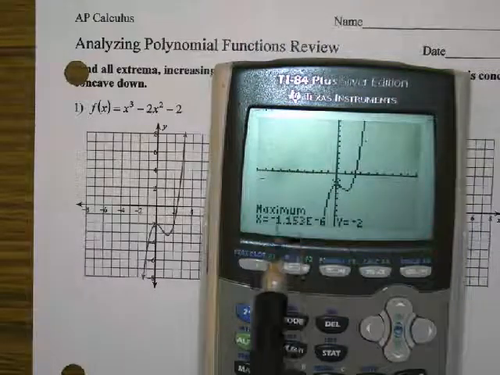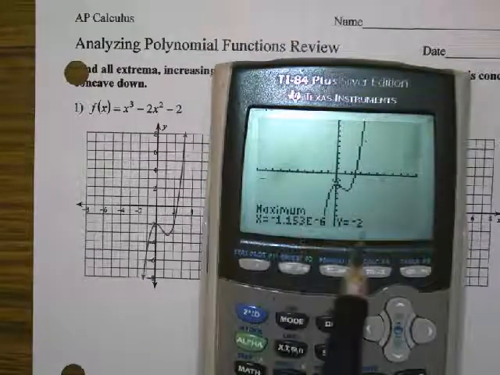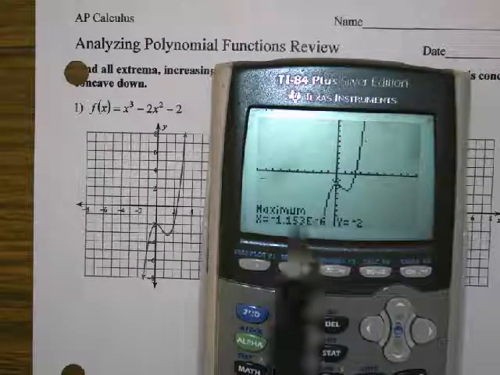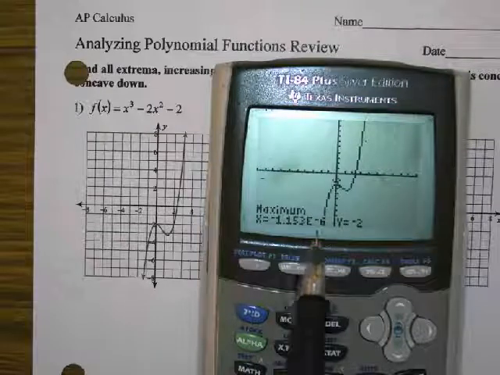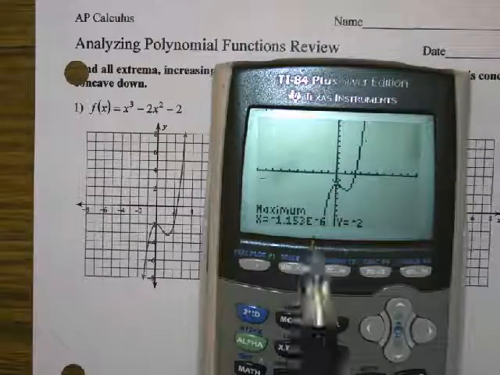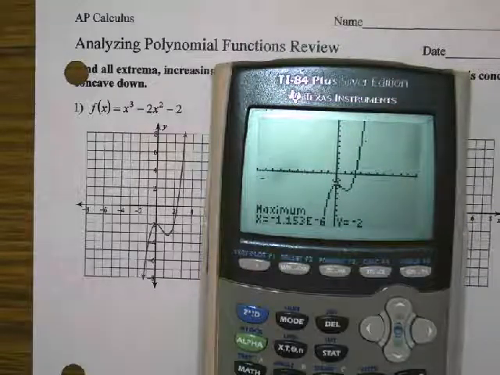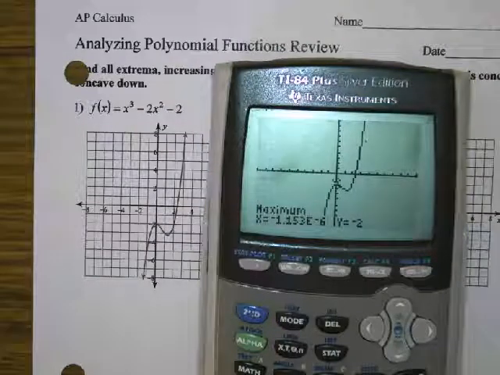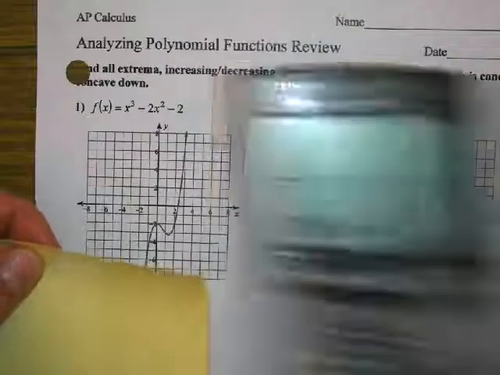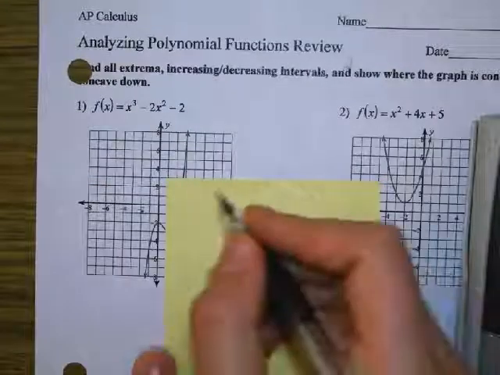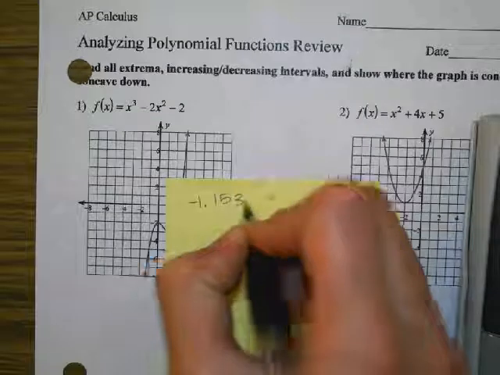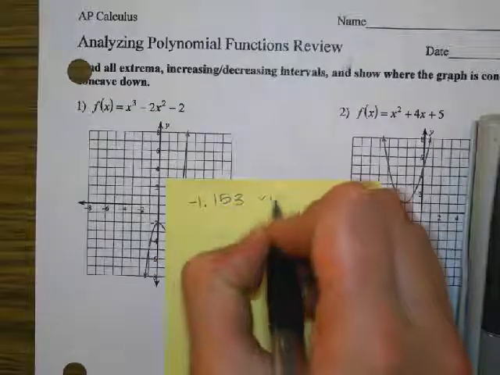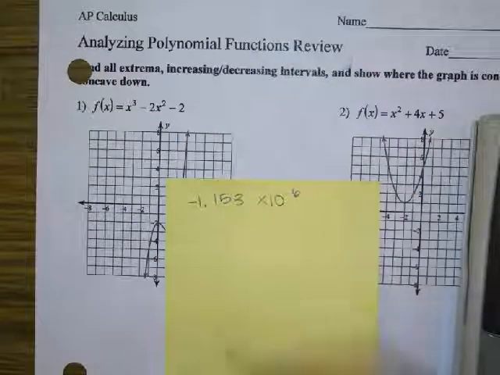And so here our maximum is at 0, -2, and I know this does not look like 0, it says E, and that's because this is in scientific notation. Let me write this down. You do not have to write this down, but this is our little mini lesson remembering science classes before.